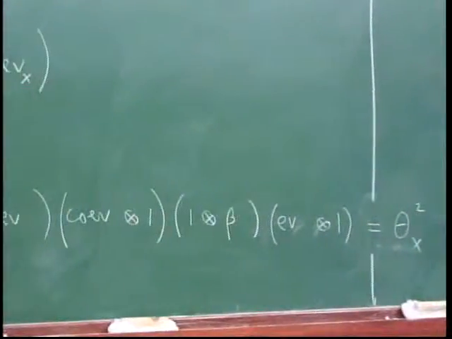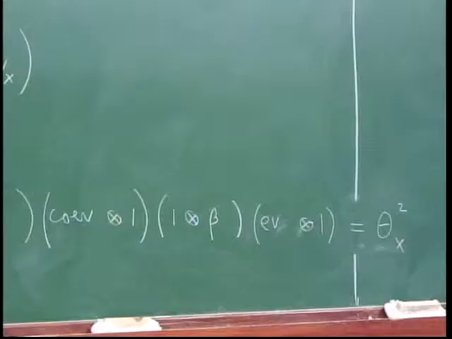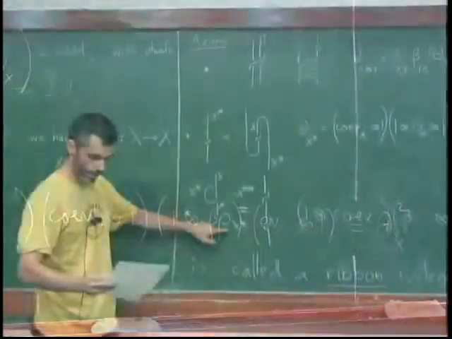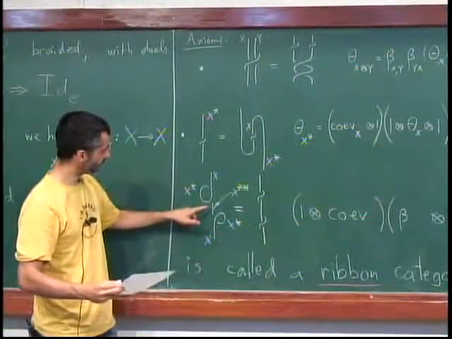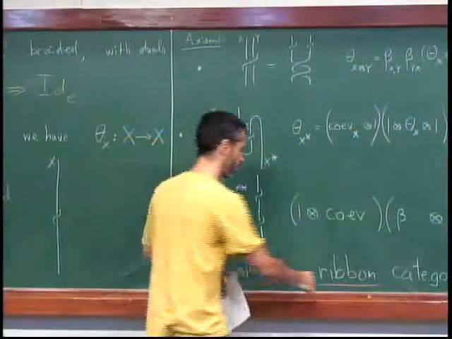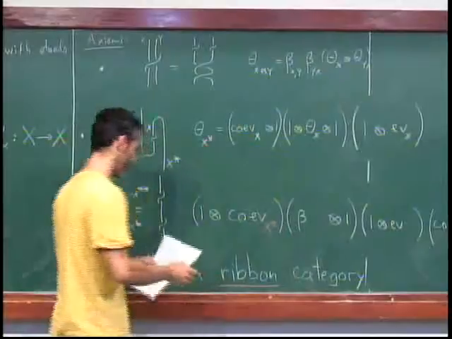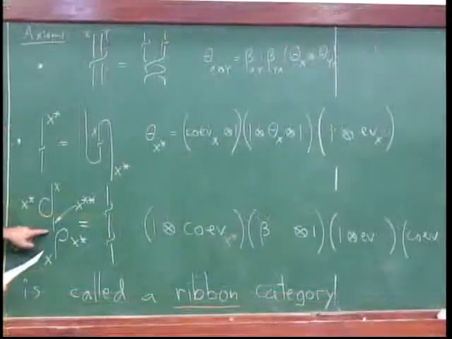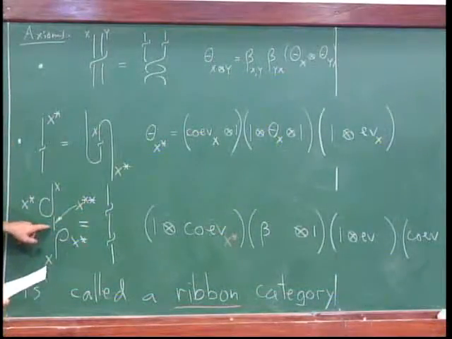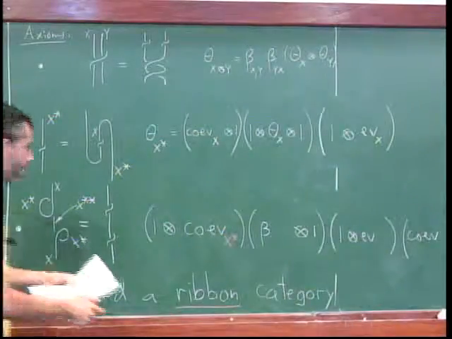Okay, let me put all the labels. So we read from bottom to top. X, here I have the co-evaluation between x double star and x star. So I'm going to put here x star as an index. Here I have the braiding between x and x double star.